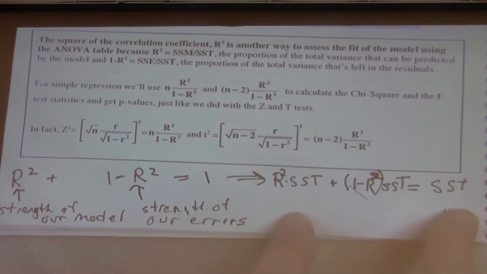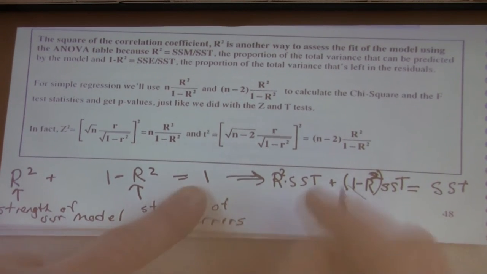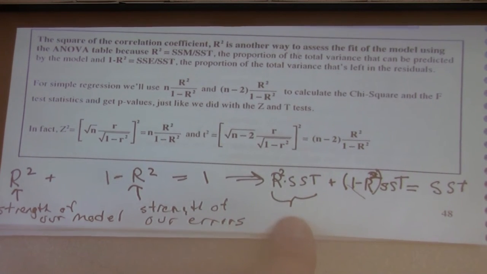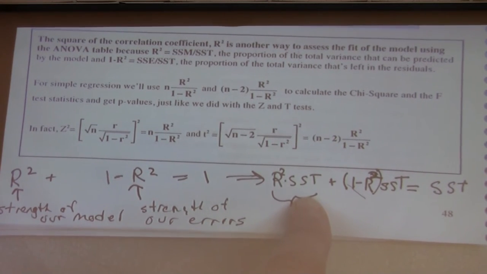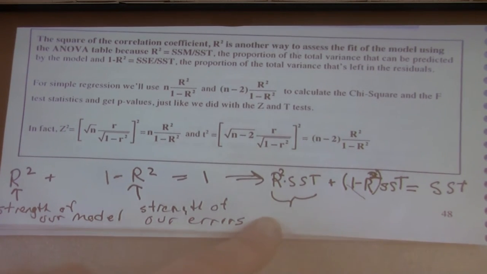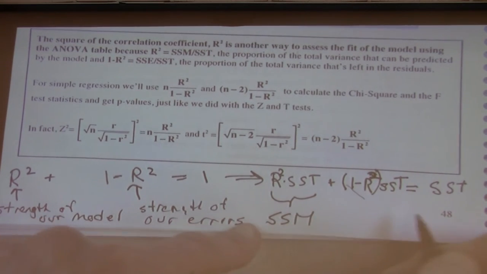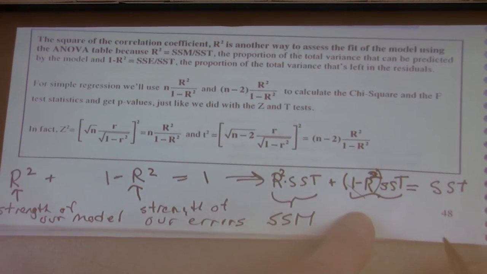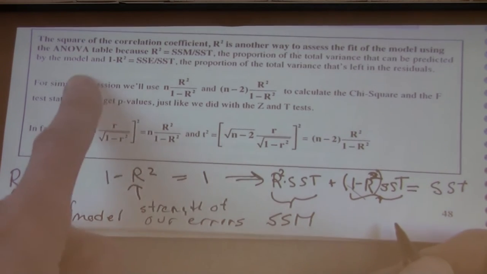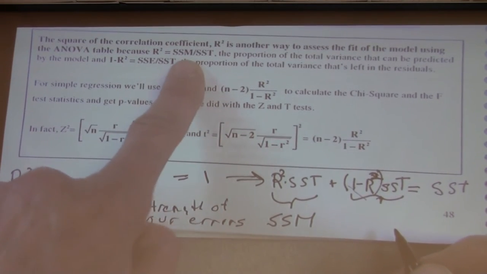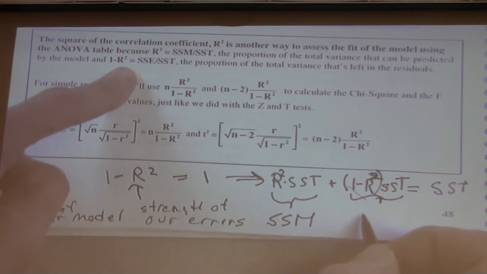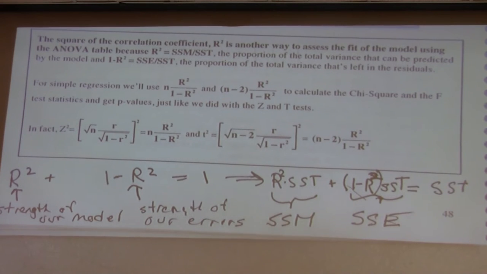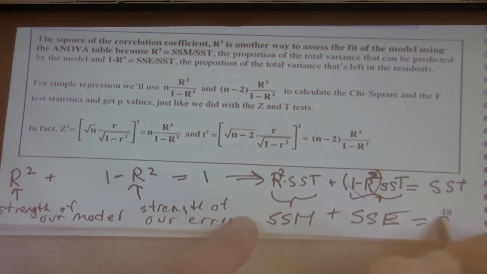This might help give you an intuitive picture of what's going on, because R squared times SST is the proportion of the total variability that's due to our model, explained by our model. See what I'm saying? And this is the fraction explained by our errors. And together, obviously, they equal the total.